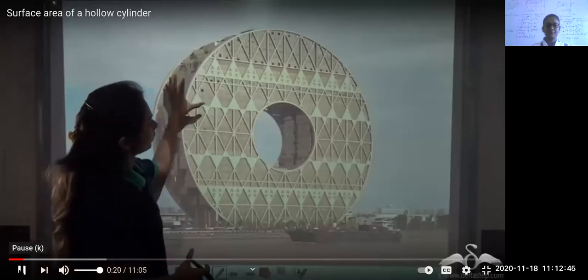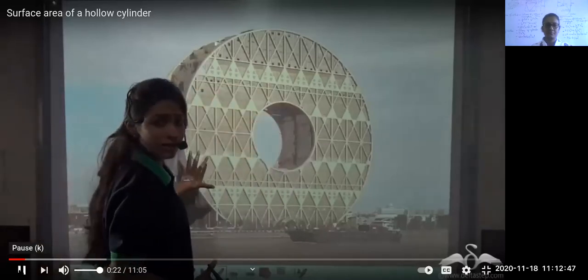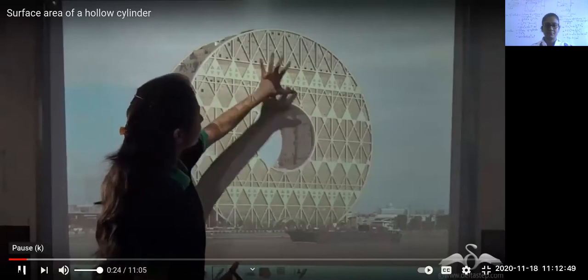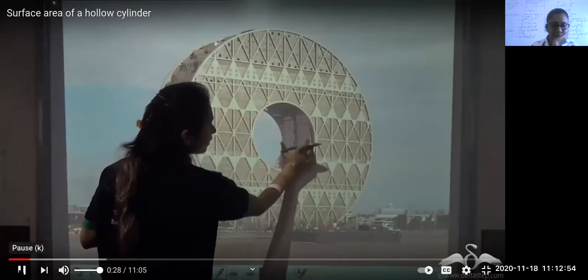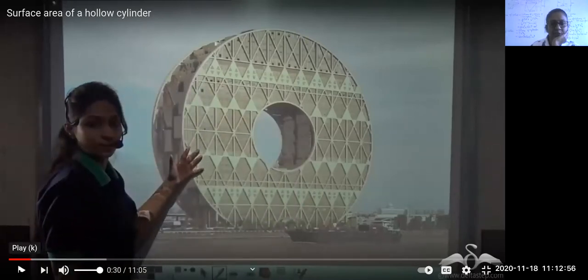So it represents what? Kind of a hollow cylinder. You can see it has a curved surface, it has a height, but this is hollow from the middle. This is a hollow cylinder. So this is an example of a hollow cylinder. So there are solids or structures available of this shape. So when we come across such shapes, we should have a common formula which will allow me to calculate the surface area.